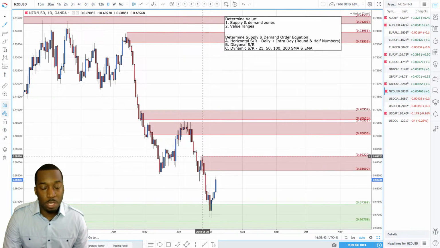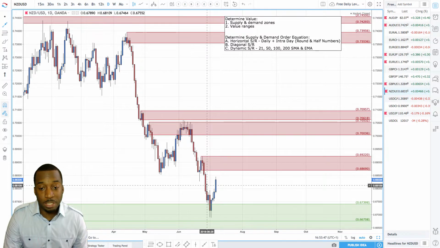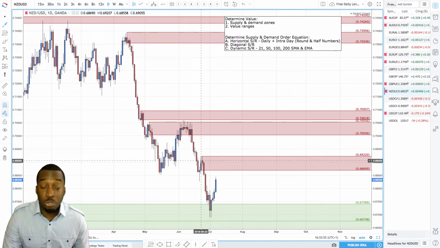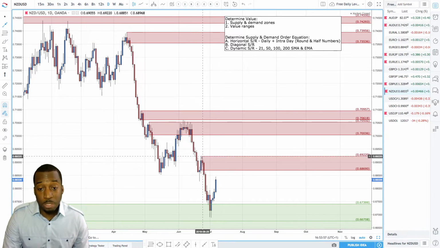If we're buying the actual dollar, this would have been considered an absolute bargain right here, because you can see that prices really went to the downside. Traders started loading up on the US dollar, driving prices down.